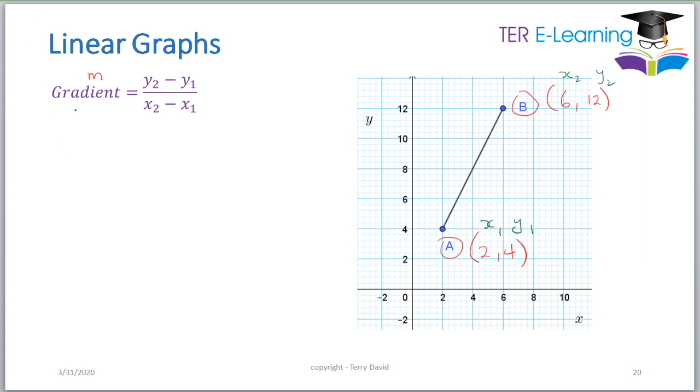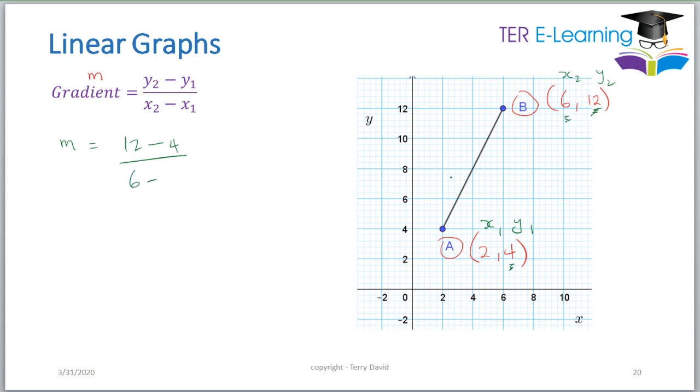So, my gradient M is equal to y2, which in this case is 12, that's this value here. So y2 is 12 minus my y1, which is 4. So it's 12 minus 4 divided by my x2, which is this value here, which is 6.